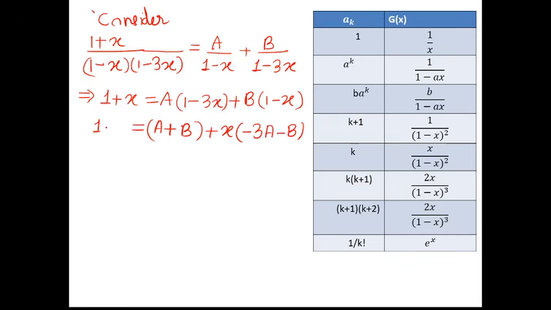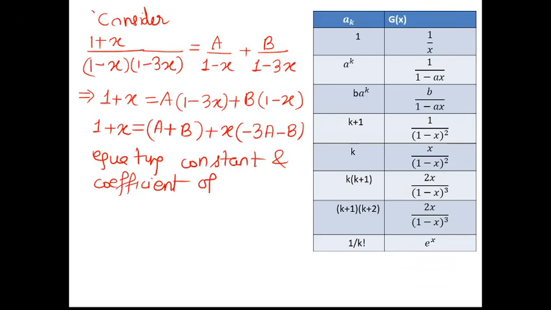So we have 1 plus x equal to this. Now equating the coefficient of the constant and the coefficient of x, we get a plus b equal to 1, and by equating the coefficient of x, minus 3a minus b is equal to 1.